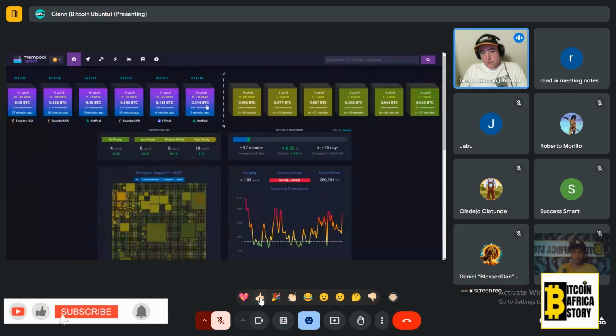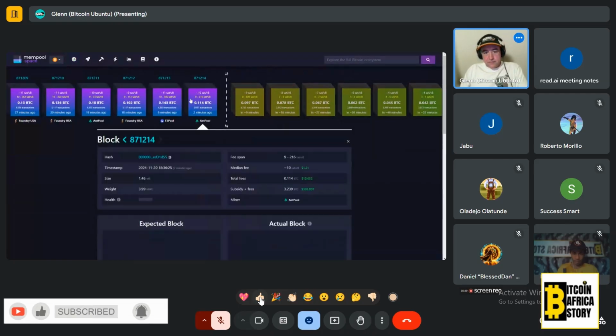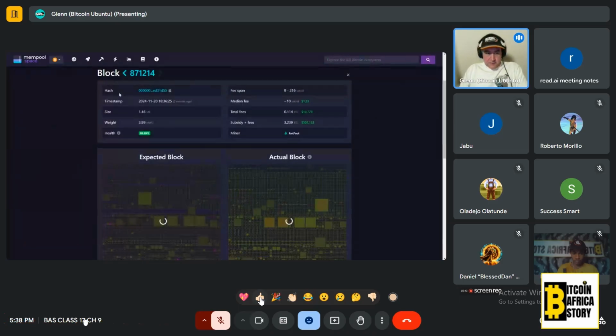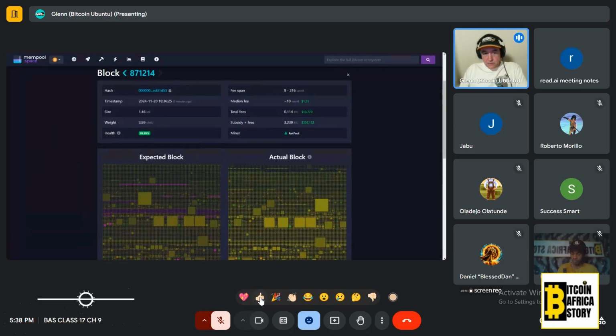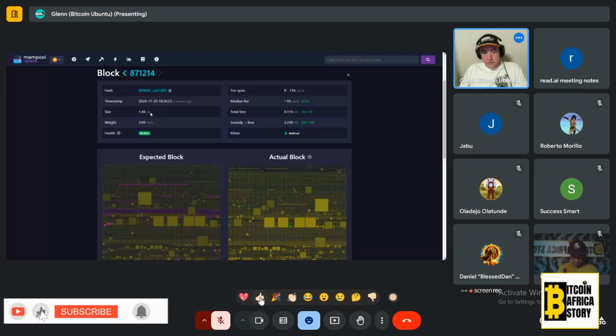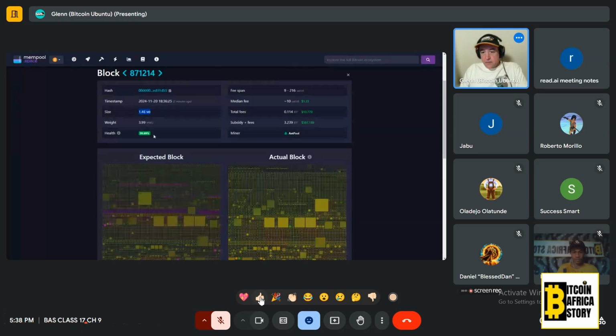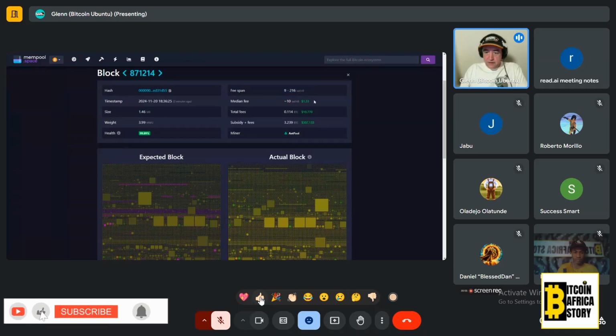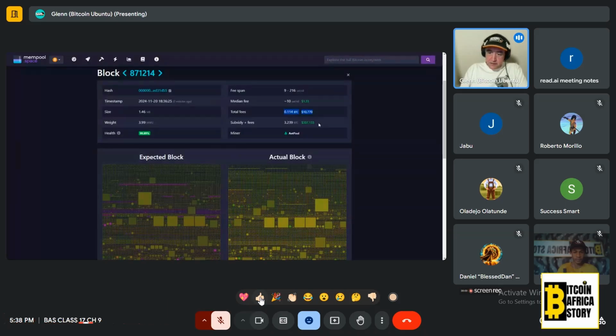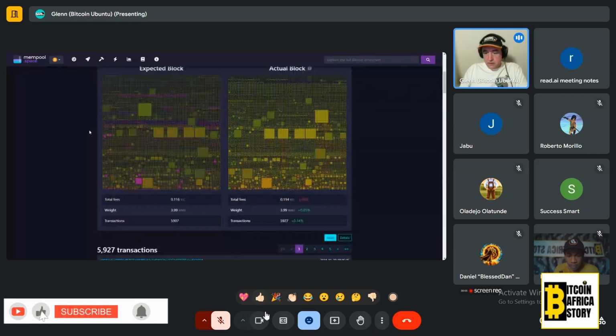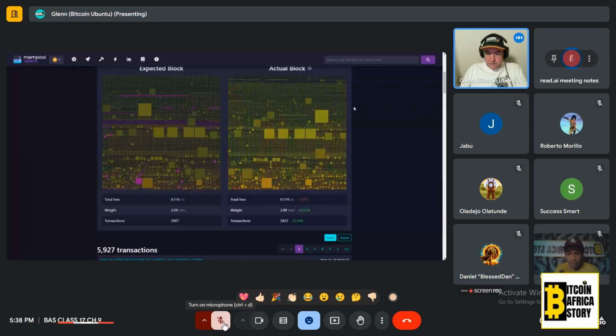If we go into one of the blocks themselves, by just clicking on it, we can see again the block hash. We can see exactly what time it was discovered. We can see how much data was included. We can see the fee span, what the average fee rate was, what the total fees earned for that miner were, plus the subsidy, and which miner mined the block and which transactions they included.